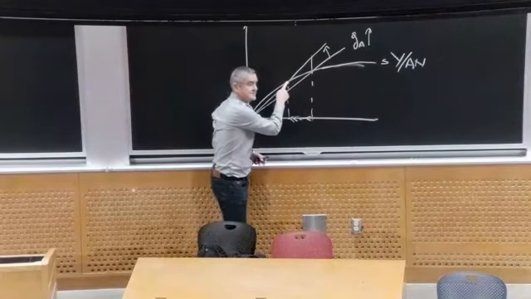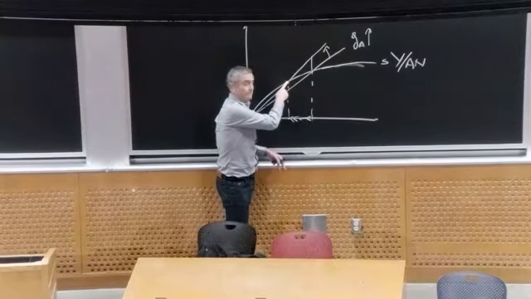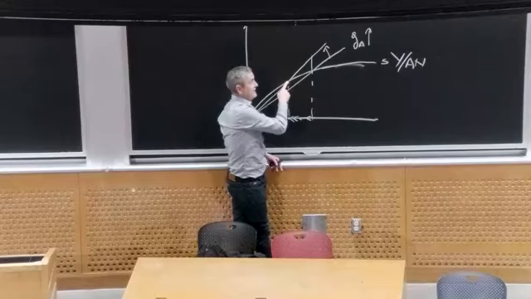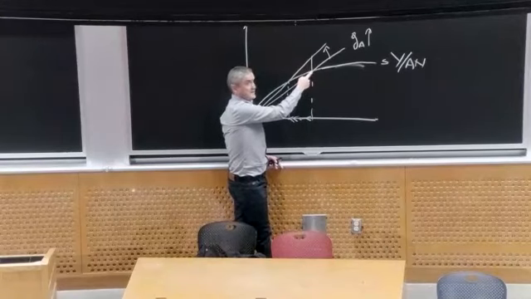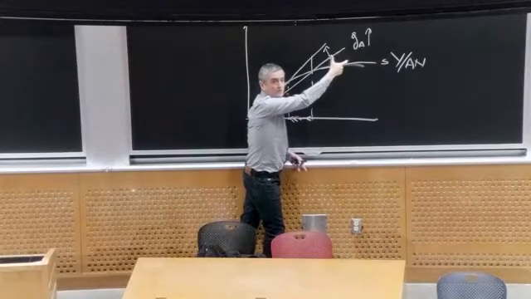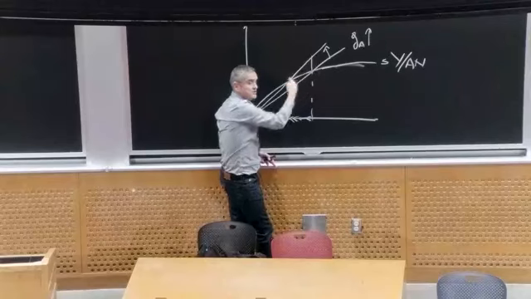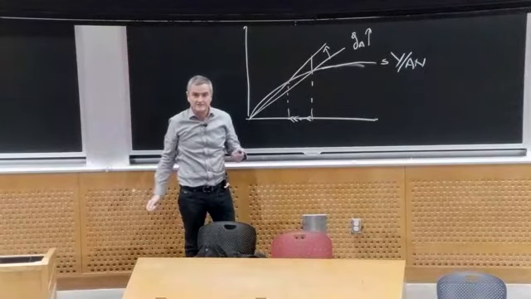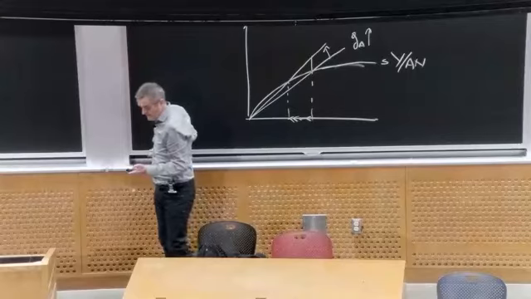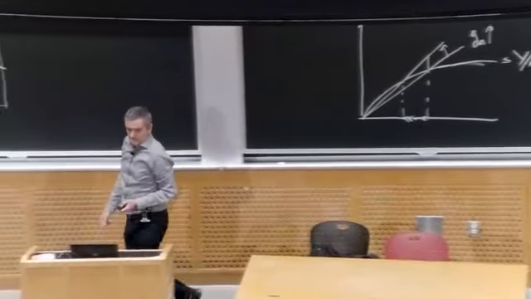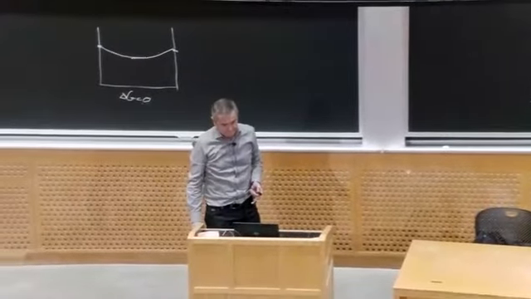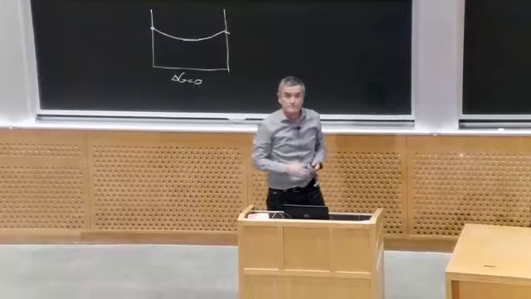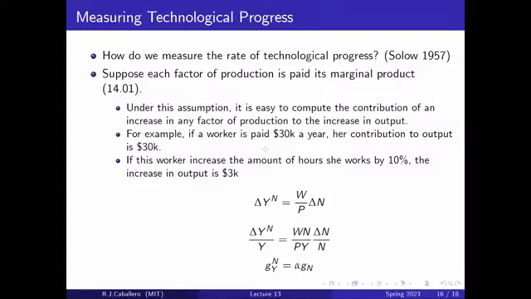In this new steady state, I'll be growing much faster than in the old steady state. How much faster? Well, equal to delta GA. But in the transition, I will grow faster than that, but not as fast as in the new steady state. That's the claim I was making. Okay, good.